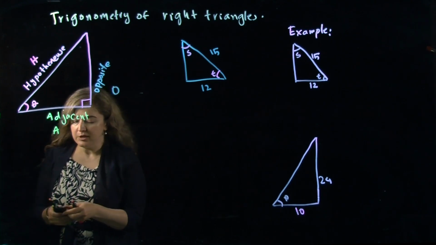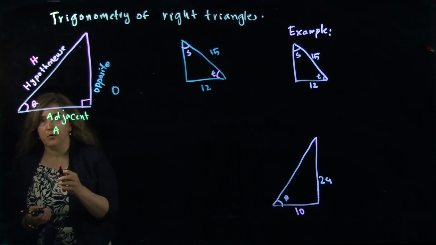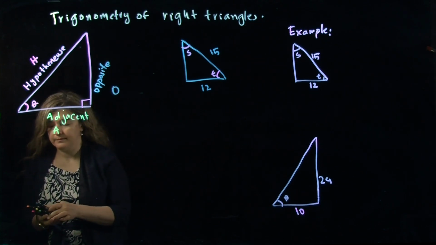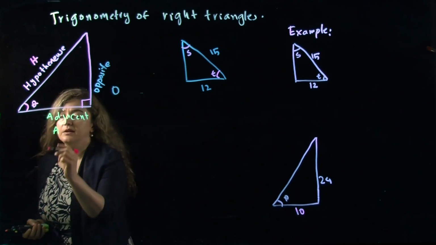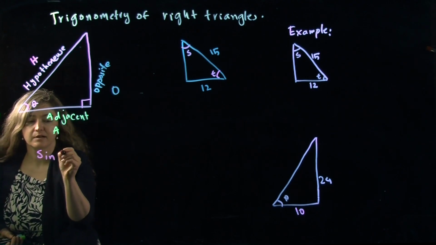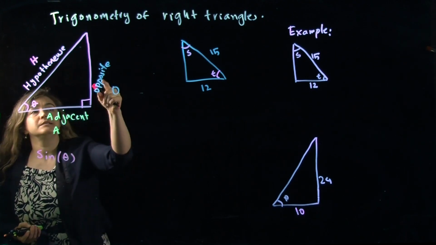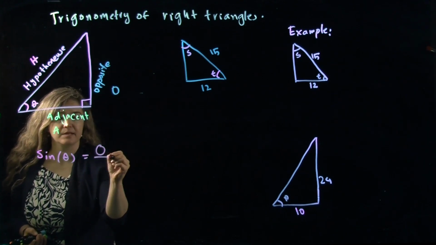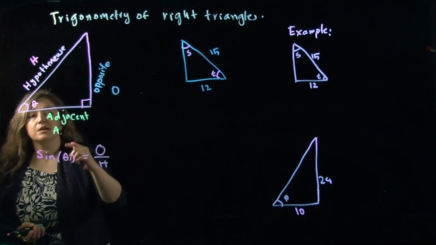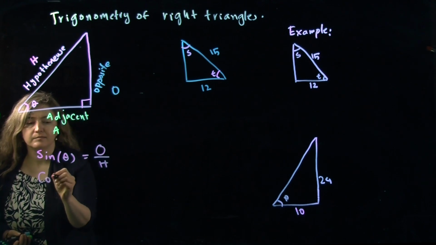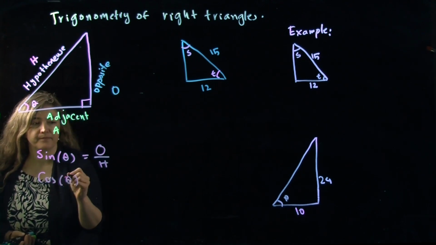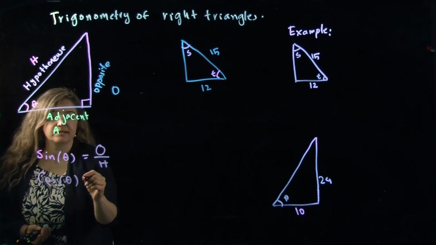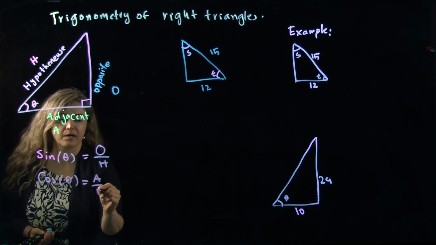Now, trigonometric functions for this are as follows. Sine of theta is equal to opposite over hypotenuse. Cosine theta is equal to adjacent over hypotenuse.